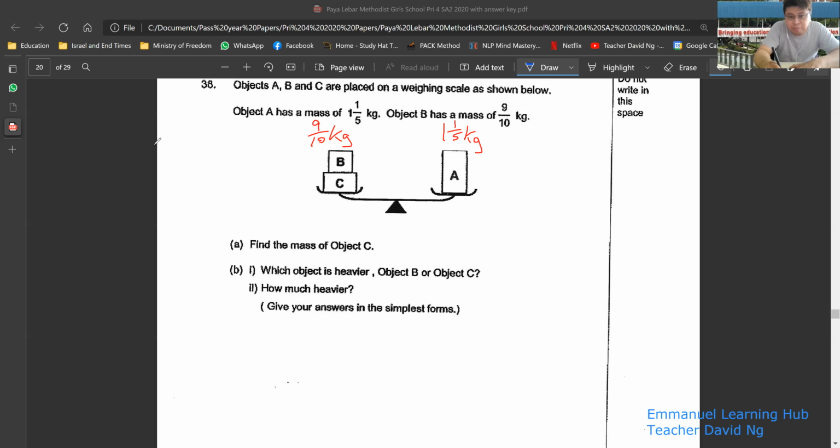Because if 1/5 minus 9/10, you'll find object C. But why? Because A is one object on the weighing scale, then B and C are together on the weighing scale, and both are the same weight. So if you minus, you'll get object C. Very good.